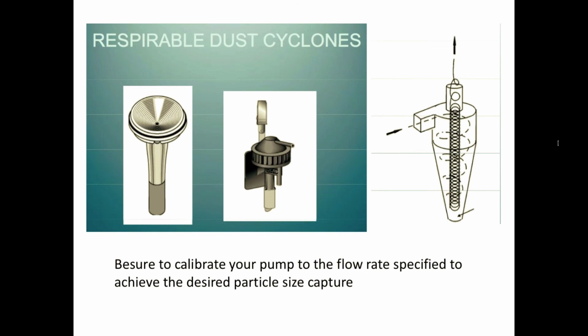Sometimes with a hard surface, or in that cyclone, particles bounce around and manage to get onto your filter as well. This has less of that bounce effect, where a particle larger than you want can wind up on your filter. So these are a little more efficient than the more typical SKC filters that you see there.